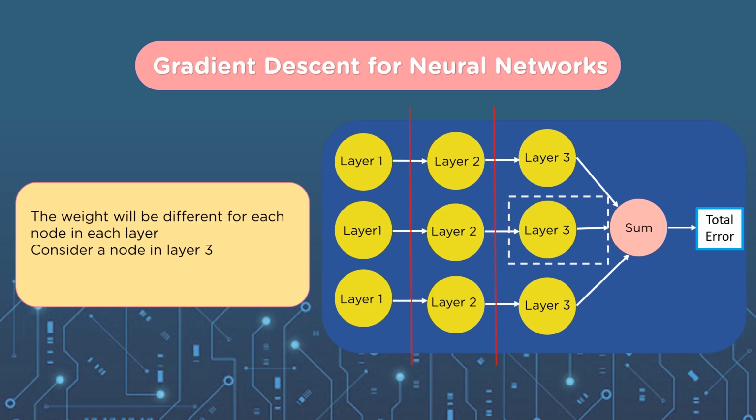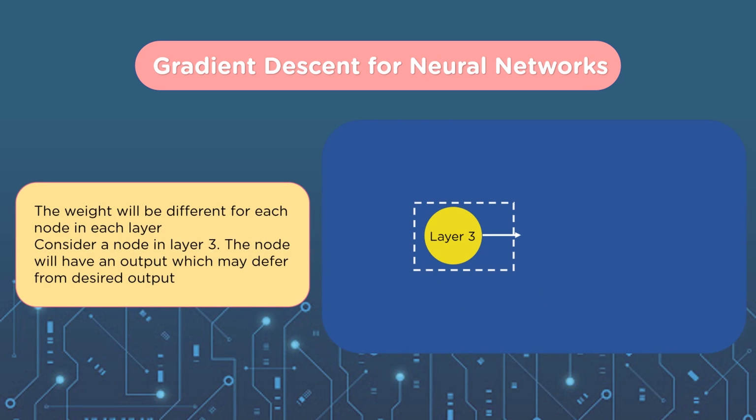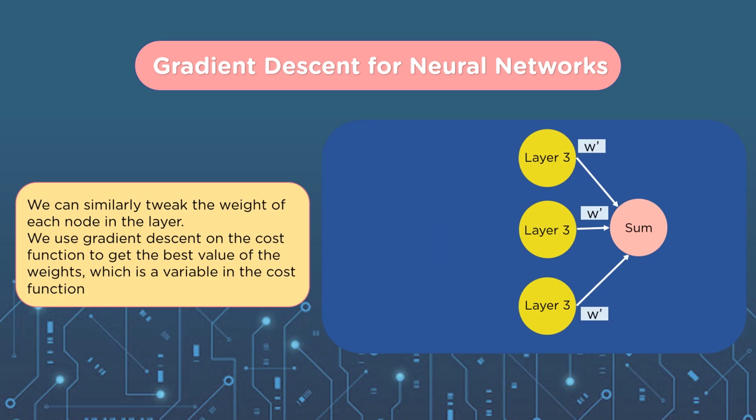Consider a node in layer 3. The node will have an output which may differ from the desired output. So layer 3 has our predicted versus our actual wanted output. And then we create a new weight. As the value of the predicted output depends on the weight applied to the layer, we can tweak it to get the desired output. We can similarly tweak the weight of each node in the layer.